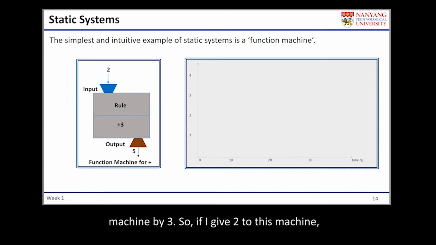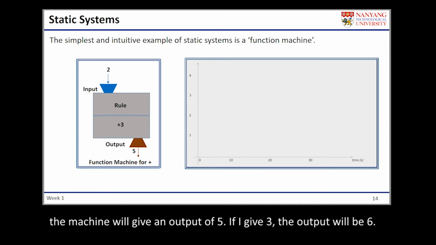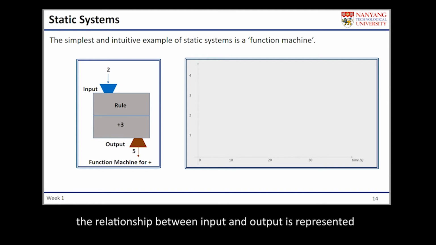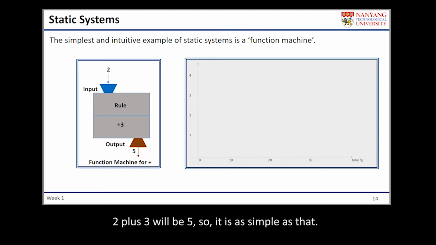So if I give 2 to this machine, the machine will give an output of 5. If I give 3, the output will be 6. So in this machine, basically, the relationship between input and output is represented by algebraic equation, by algebraic operation. 2 plus 3 will be 5. So it's just simply like that.